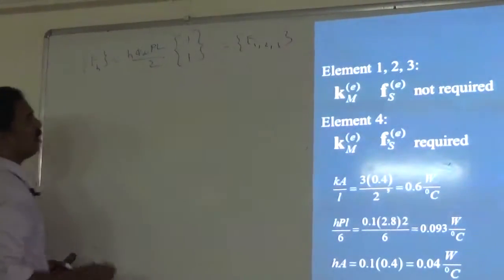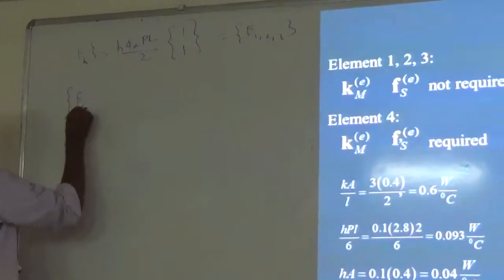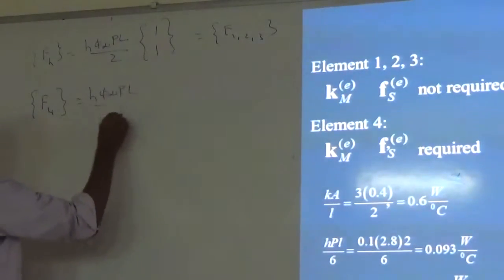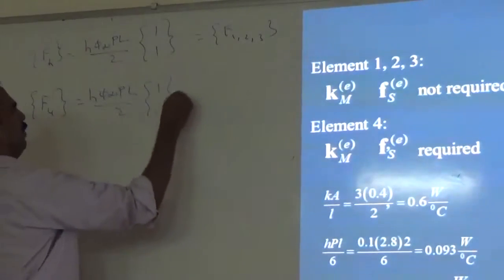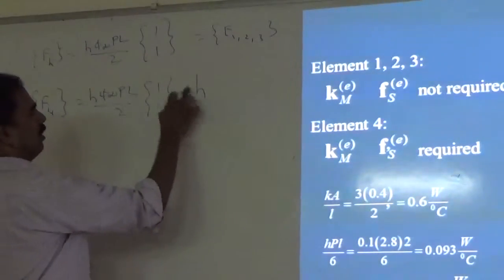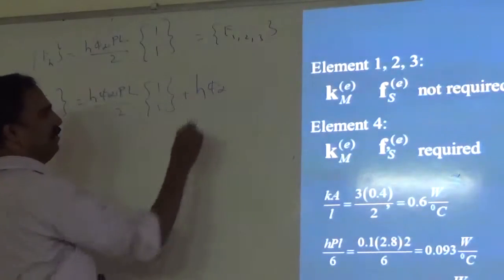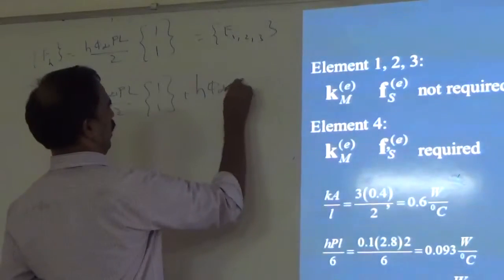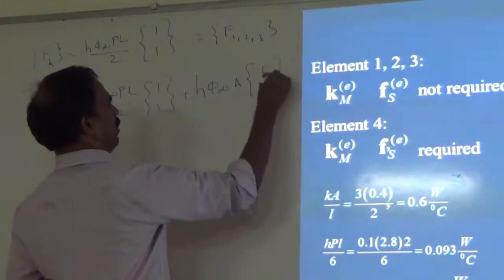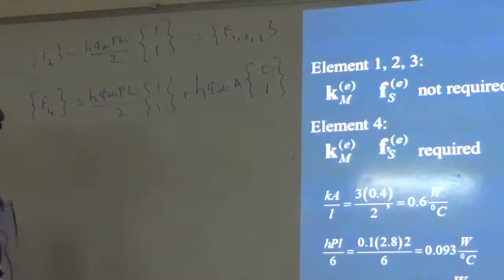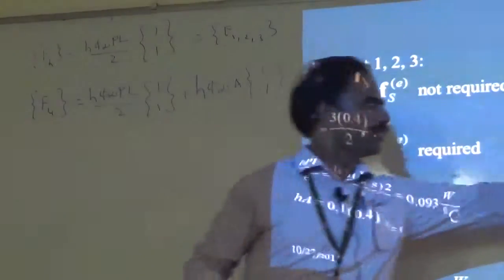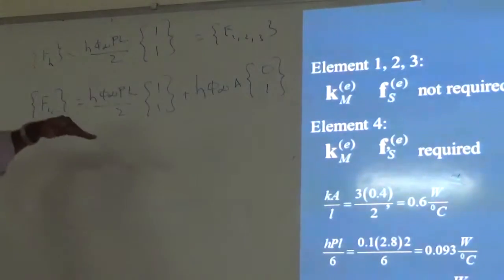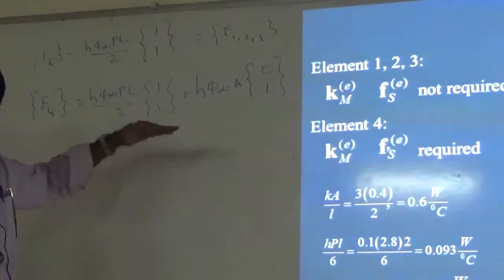For element number 4, we have perimeter convection, along with that we have end convection at the second node: H T infinity A times 0, 1. This is for F4, the fourth element. So we calculate the element system matrix and element load vector as usual.